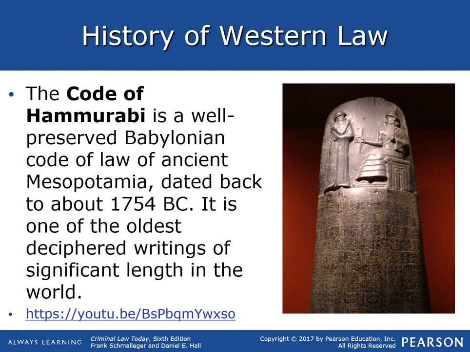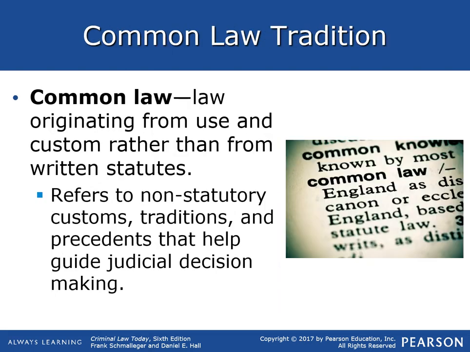And it's one of the oldest deciphered writings of significant length in the world. While it's hard to see the photo, I do have a couple of links in this lecture that you can go to, time permitting, and it'll go into a little bit more detail on the Code of Hammurabi. But it is pretty impressive that we have some deciphered laws dating back that far.